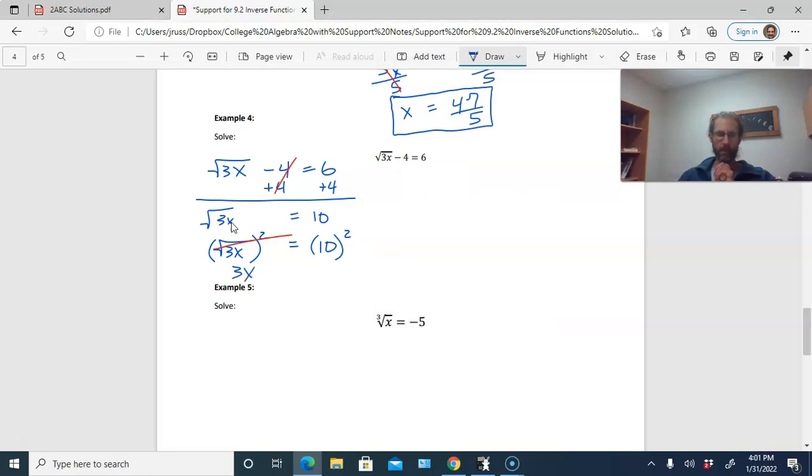So that's just 3x is equal to, and on the right-hand side, when we square 10, 10 squared is actually 100. We got rid of the square root, so now we can finally solve for x. We're going to divide both sides by 3.